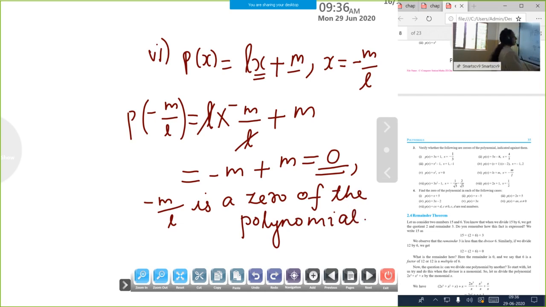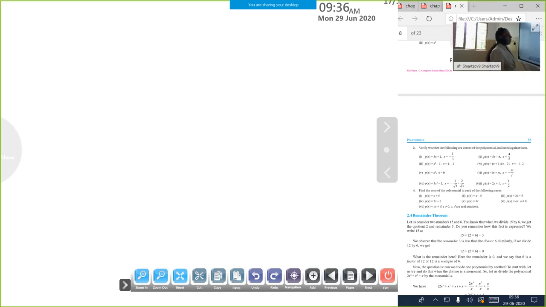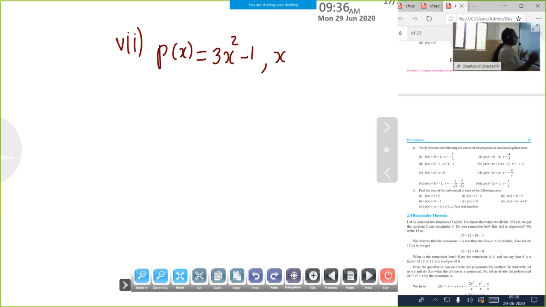Then next one. P of x equals 3x square minus 1. Two values are given there: x equal to minus 1 by root 3 and 2 by root 3.